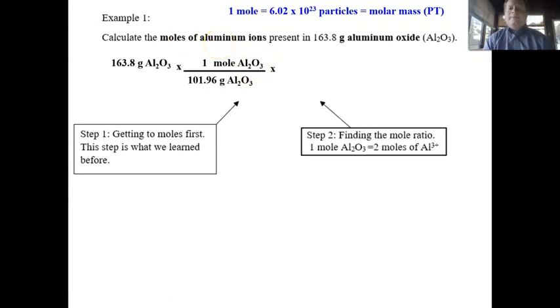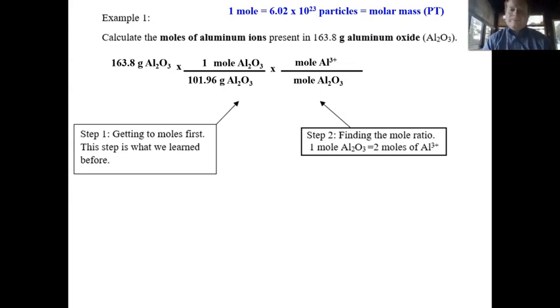Okay, next step, mole ratio. So I know that I'm going to bring down moles of the overall chemical because that's what I had as my last unit, and I want that gone. So that unit is definitely going to come down. On top, I'm going to be comparing it to moles of what we're trying to get to, moles of the other chemical, which is moles of aluminum ions.